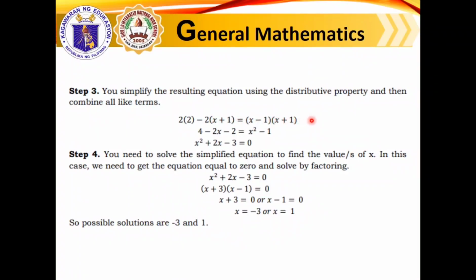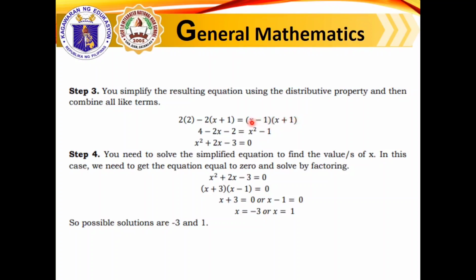After that, we simplify using the distributive property. 2 times 2 equals 4, minus negative 2 times x, which is negative 2x, negative 2 times positive 1, which is negative 2. Copy the equal sign, equals. Then multiply x minus 1 times x plus 1.